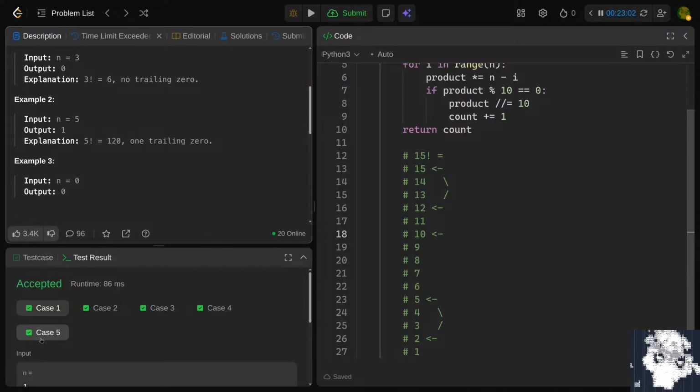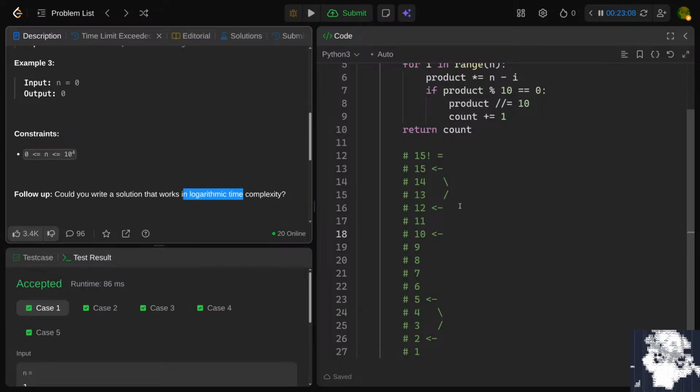Especially since, well, I don't know. I don't know if the log is coming from the fact that we have to do log of n steps, or if it's just coming from the fact that the size of the output is going to be log of n, because it's a number that can be represented with n bits.